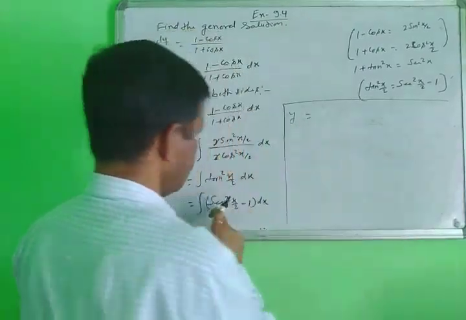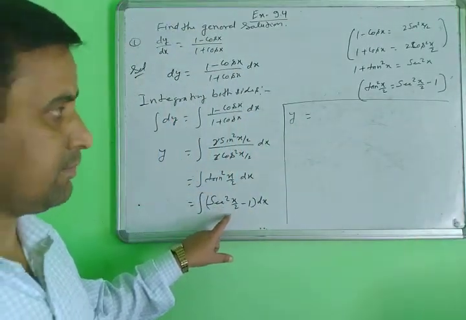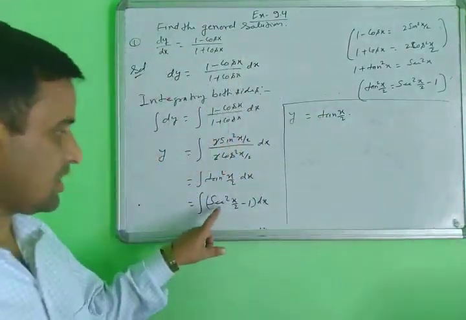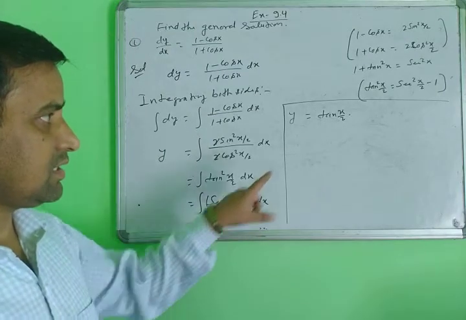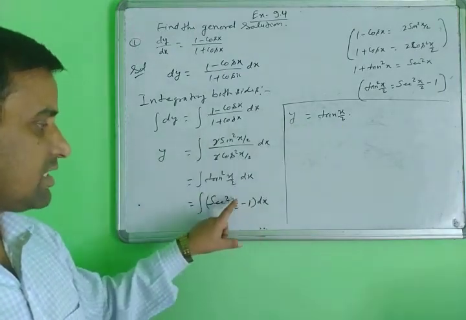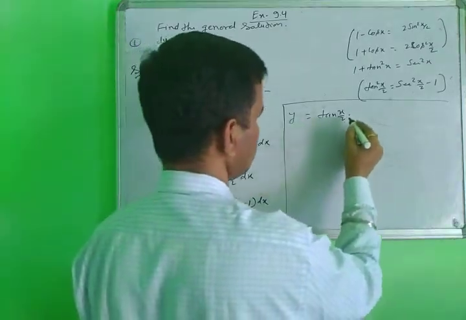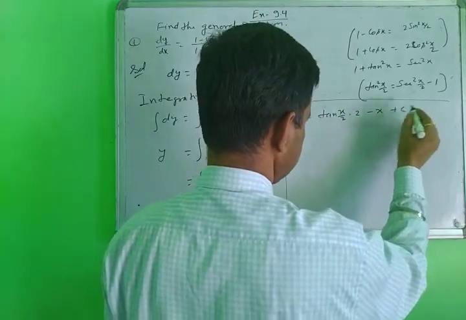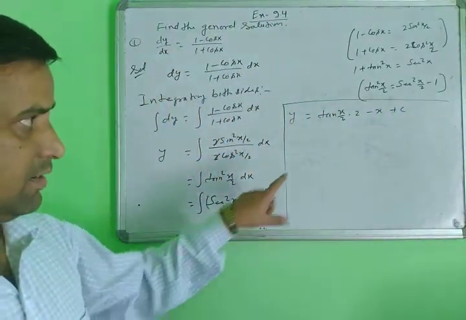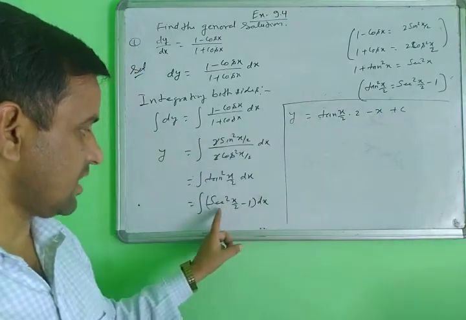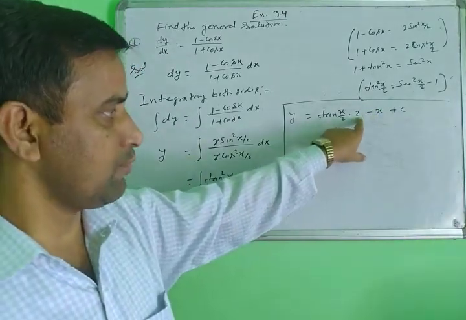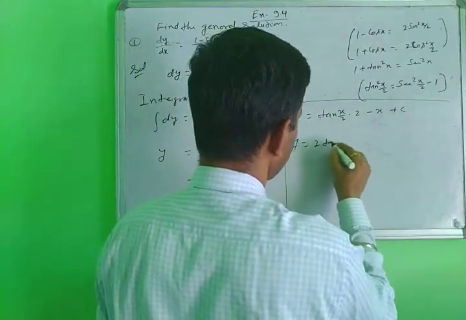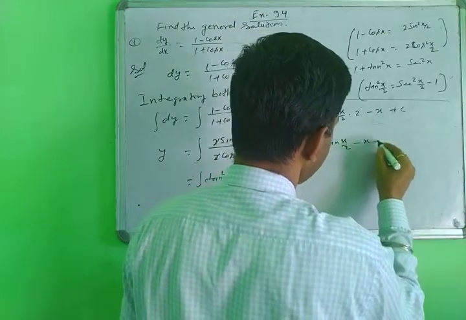Y equals the integration of sec square x by 2, which is tan x by 2 into 2, and the integration of 1 is x, plus the constant c. So y equals 2 tan x by 2 minus x plus c.